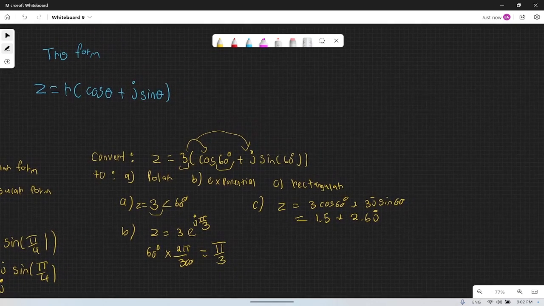And this makes sense because our angle is 60 degrees, so it'd be about here. That's our r. And so if we go 1.5 to the right and 2.6 up, it would look something like that.